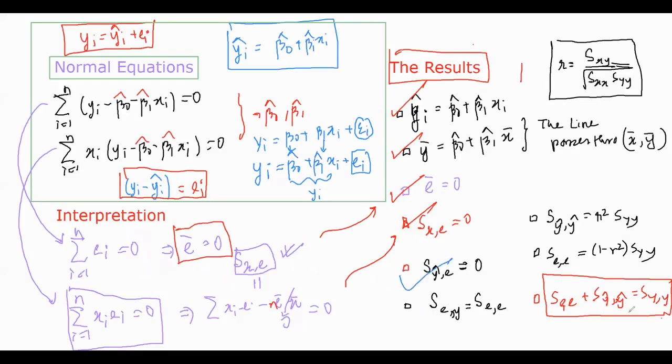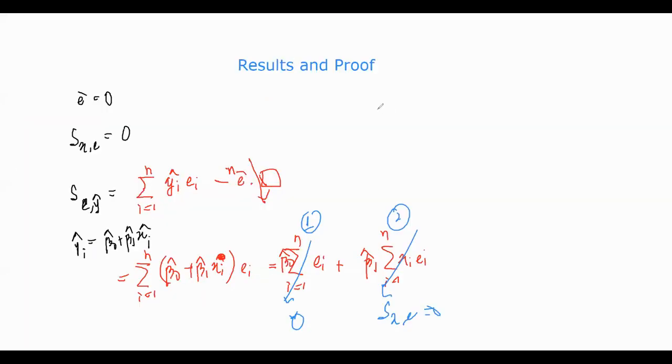How do we get this one? S(e, y). It's very easy. You can write y as y hat plus e, so S(e, y) is the covariance of e with y hat plus e. That is the covariance of e and y hat plus the covariance of e and e.